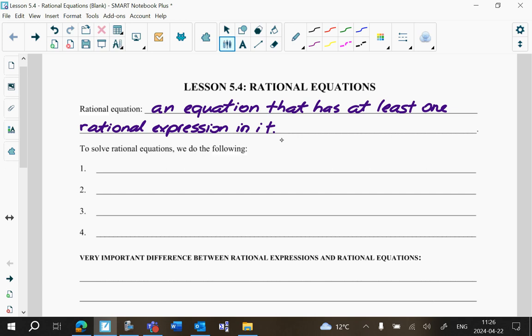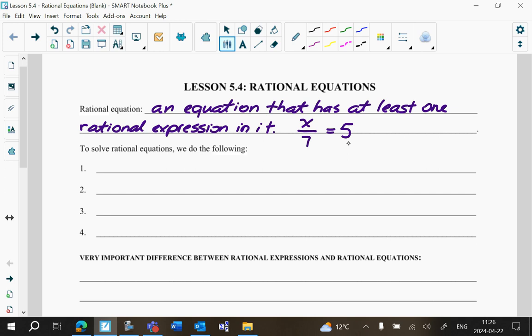Like for example, if I wrote this, x over 7, I have just written a rational expression. If I make it equal to 5, I have now written a rational equation. See the difference between the two, right?